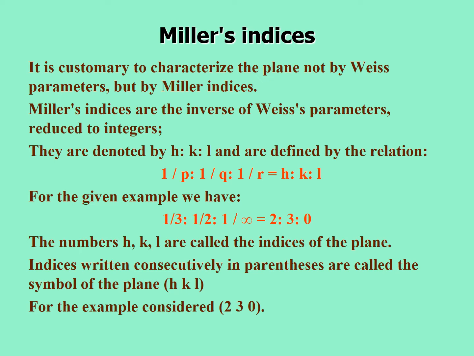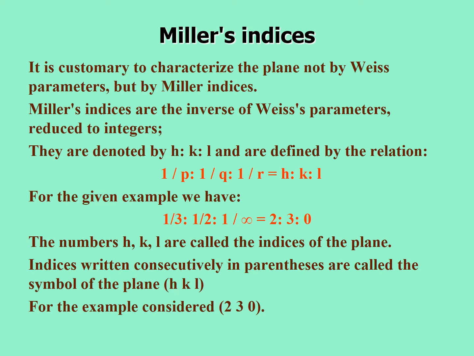In crystallography, there is a rule to characterize the planes not with the base parameters, but with so-called Miller's indices. Miller's indices are the reciprocals of base parameters reduced to integer numbers. They are denoted by h, k, l and are defined by the ratios 1/p, 1/q, and 1/r equal h, k, l.